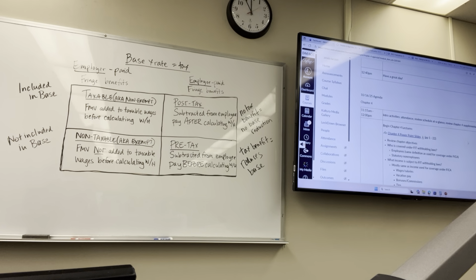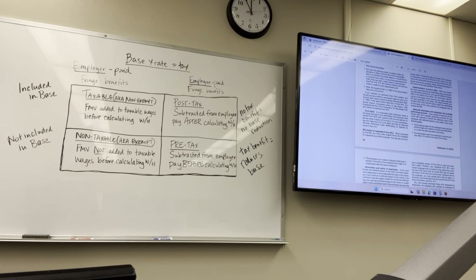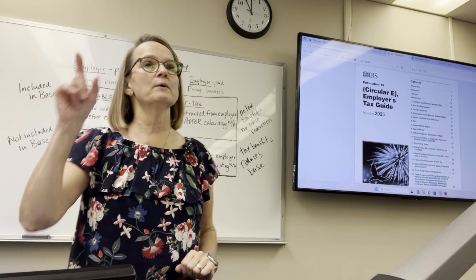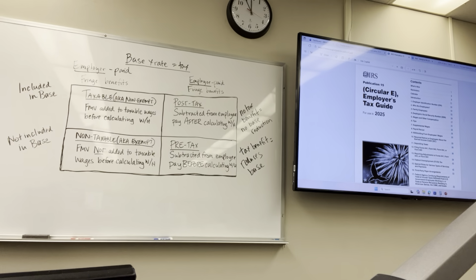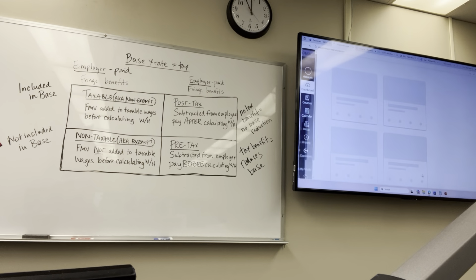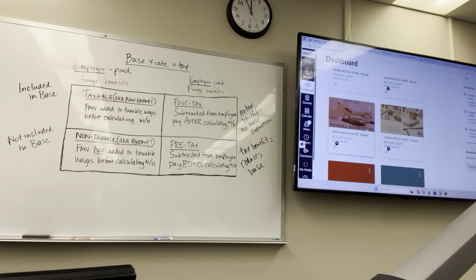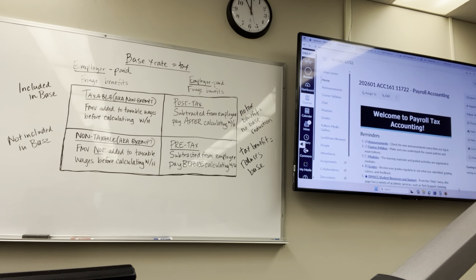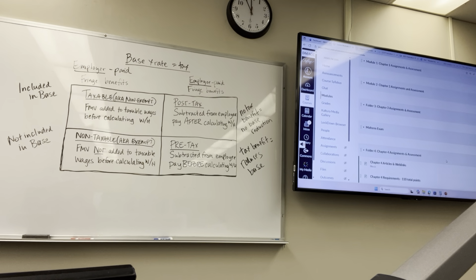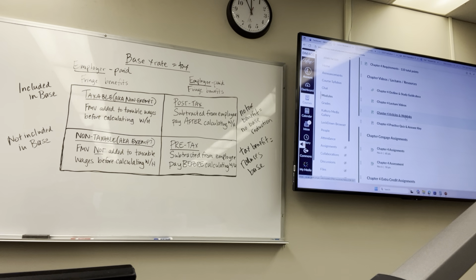There is a complete list, and I want to point this out to you. Circular E, I've got one of them up here, Pub 15. So this one's for 2025. And the link, well, let me show you where the link is. There's a link to this publication in Canvas, under the Chapter 4 module, the articles and web links.